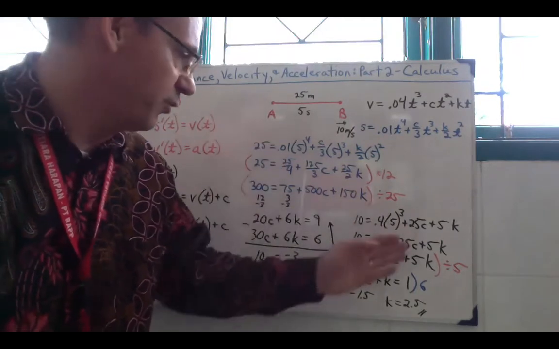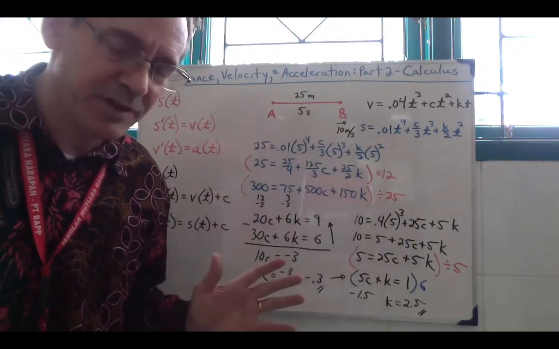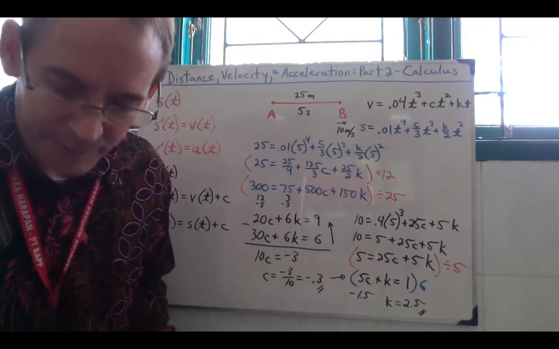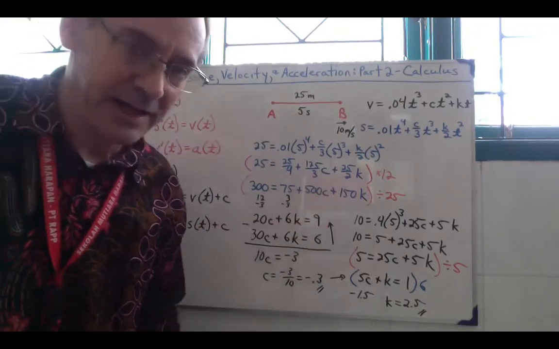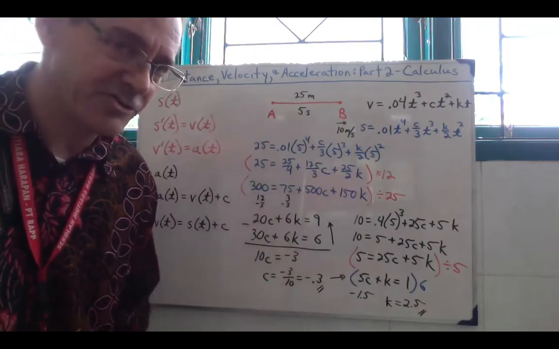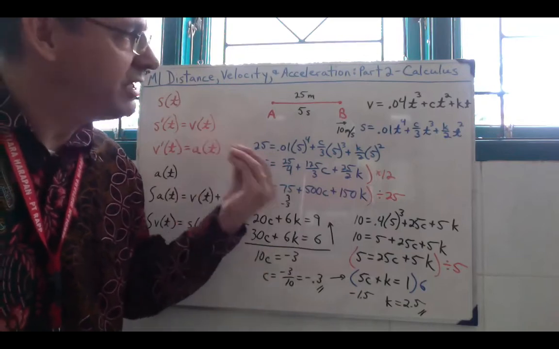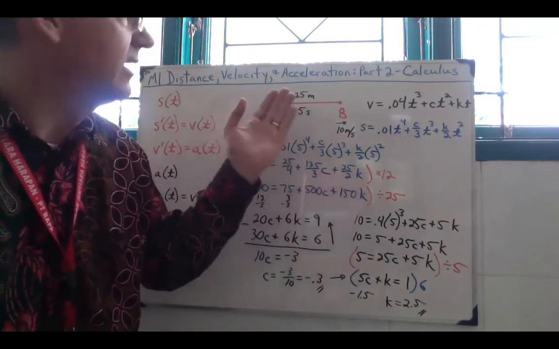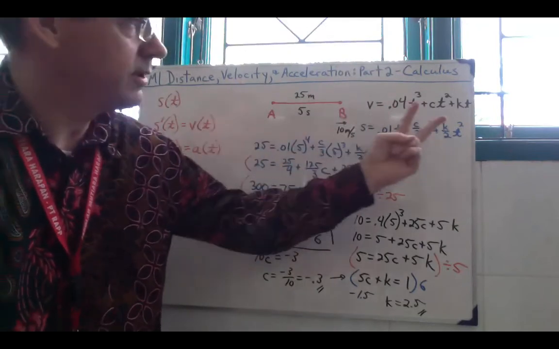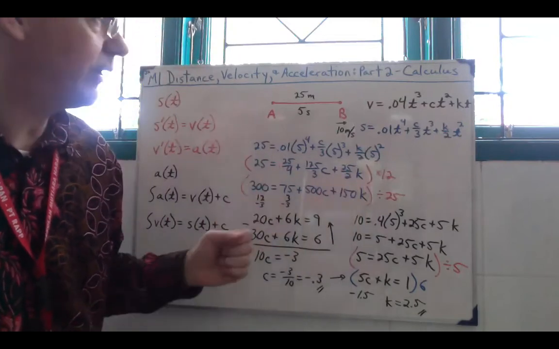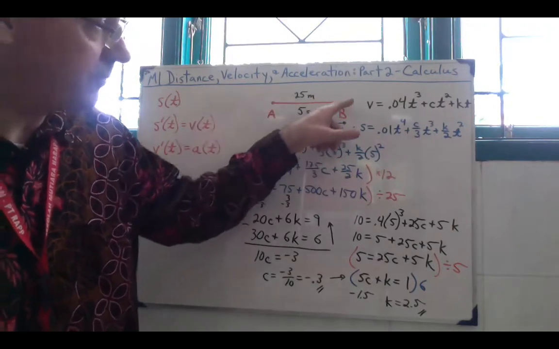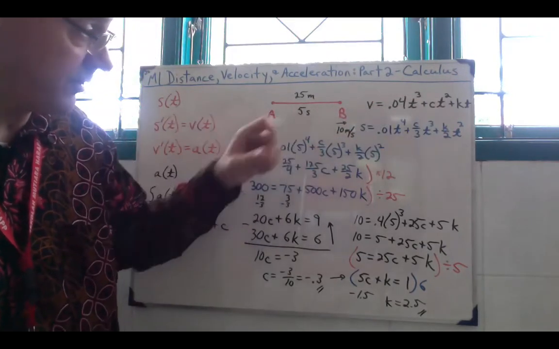Notice that most of the work was just simultaneous equations of algebra. I even had to find where I was at on my paper in simplifying this down. So it's a big simultaneous equations algebra problem, but you need to be able to interpret the meaning of the position function and velocity, derive it using calculus, and realize you have two variables, so you need two equations, one of them being a distance equation because it gave you distance, and one being your velocity equation because it gave you velocity.